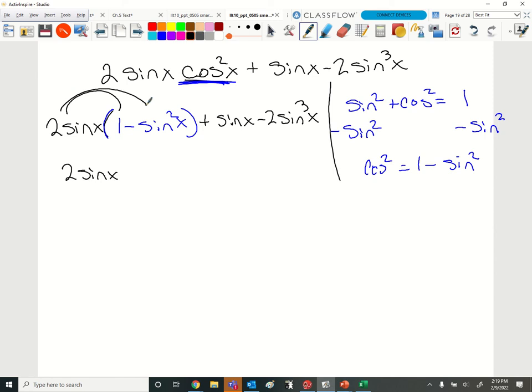And when I multiply there, that's going to give me minus 2 sine cubed x. Bring down plus sine x minus 2 sine cubed x. Right here and right here. They're the same, aren't they? So I can combine those together. So negative 2 and negative 2 gives me negative 4.